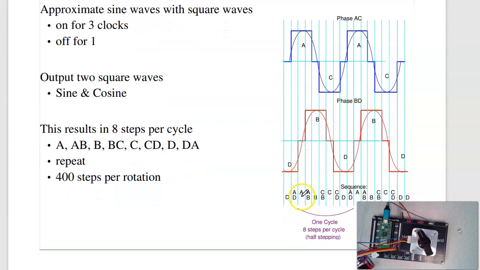And what the step should be, if I call this the first one, I should go A, AB, B, CB, C, CD, D, AD, then back to A. So there's the sequence I go through, 8 steps per cycle. What that gives me, with 50 electromagnets, is 400 steps per rotation.